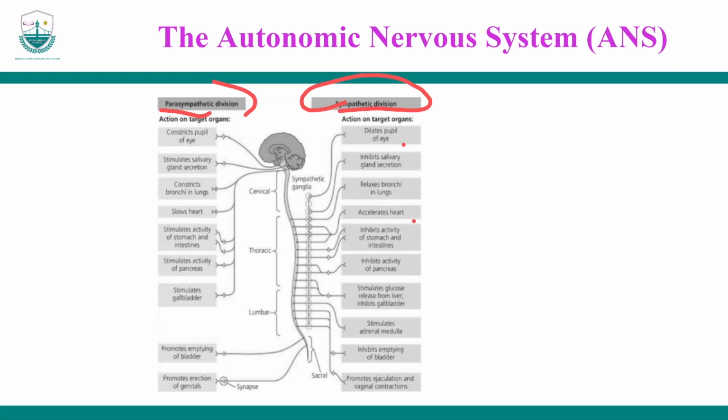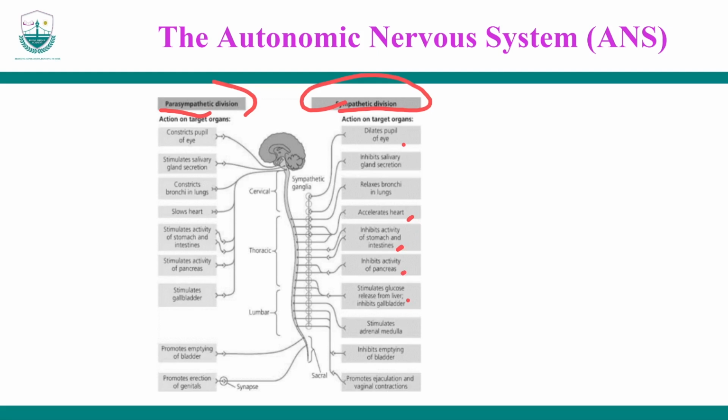Your heart rate will increase, and digestion will not really happen under this situation. So digestion is inhibited, and then you would expect that the activity of the pancreas is also inhibited.